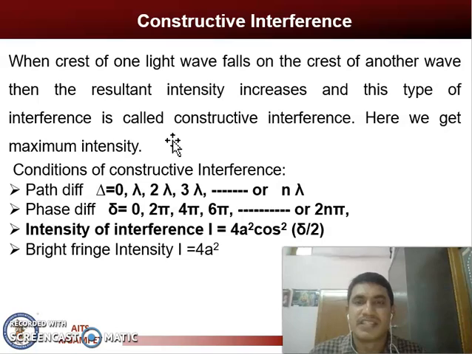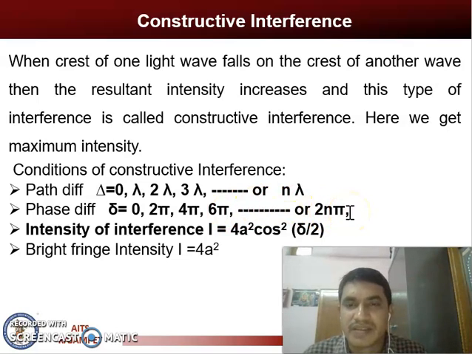These are the conditions for constructive interference. Path difference should be 0, lambda, 2 lambda, or n lambda, which means the path difference delta is equal to n lambda, and the phase difference delta is equal to 0, 2 pi, 4 pi, 6 pi, that is 2n pi.